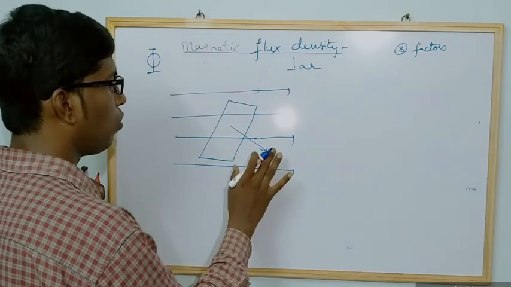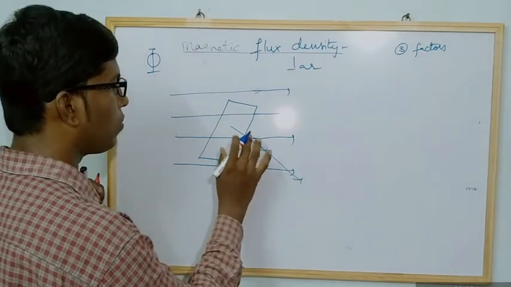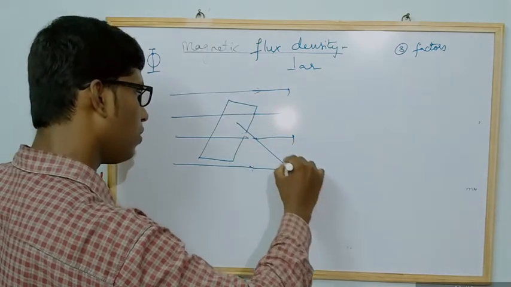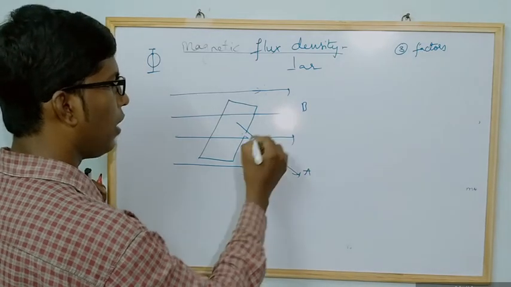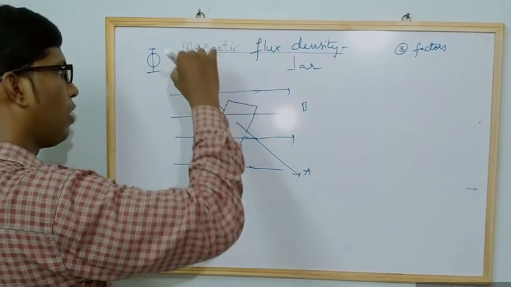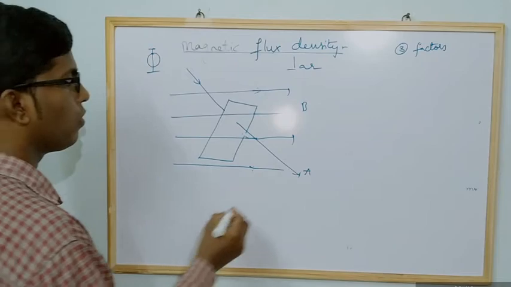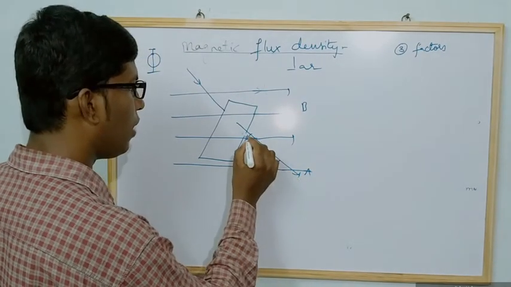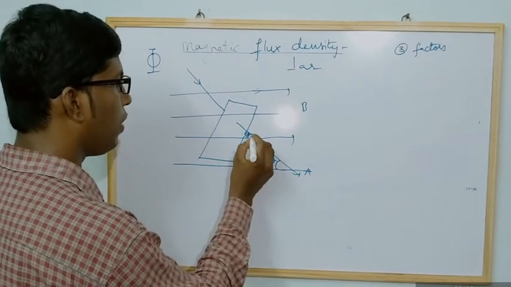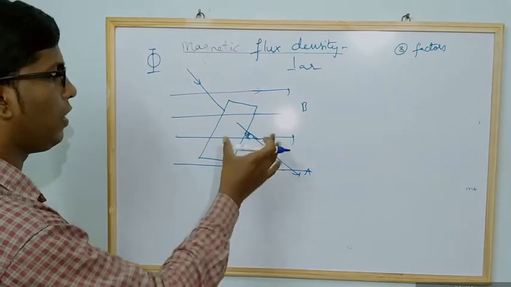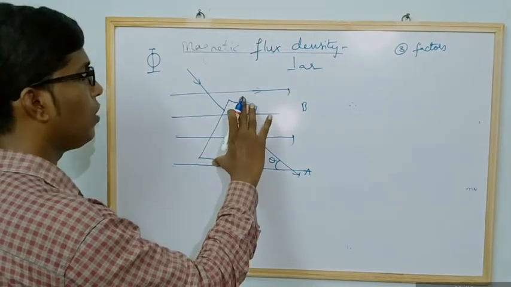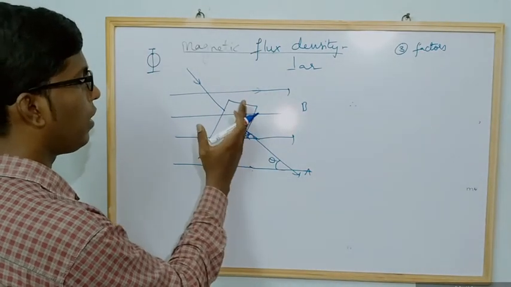So what we observe here is these magnetic field lines, and this is the area, and the magnetic field lines are making an angle with the surface area of the plane. So assume that this is the area, the angle theta, and here also angle theta. So this is the angle between the surface area and the field lines. So with this we can write the formula. Therefore, in this case, the flux will be minimum because the plane is not perpendicular.